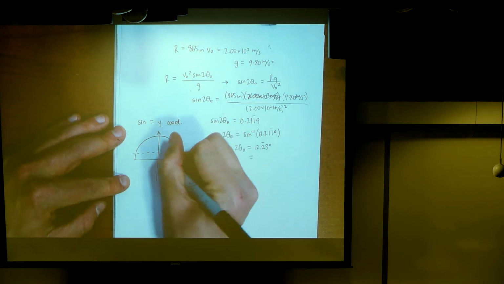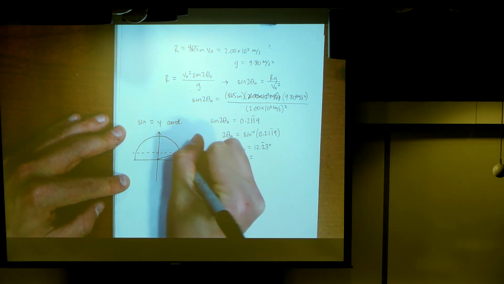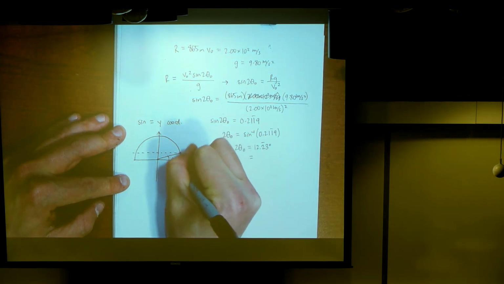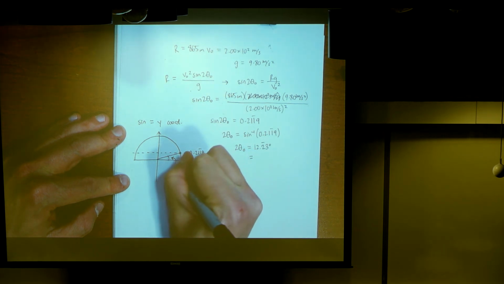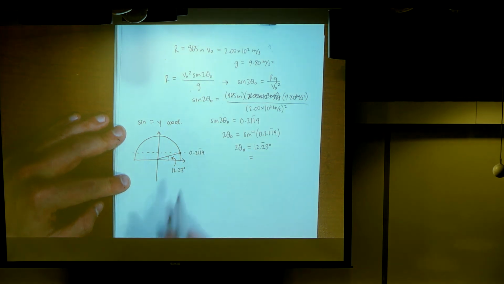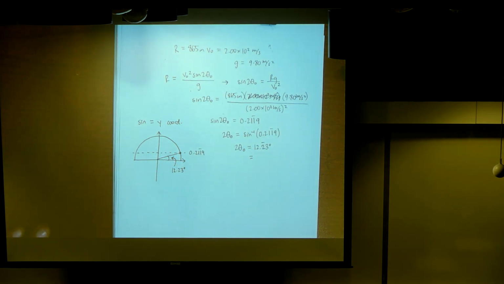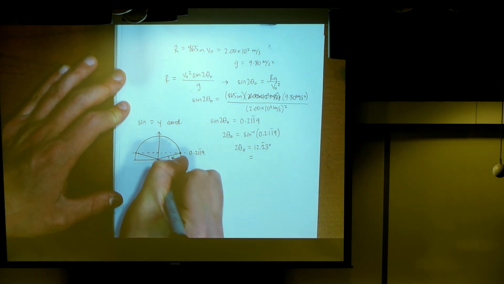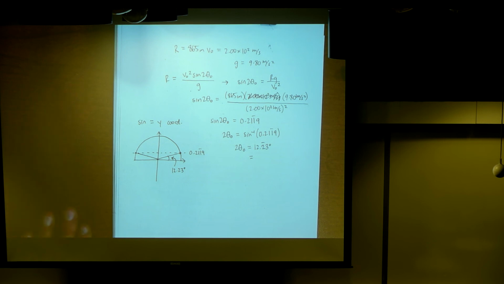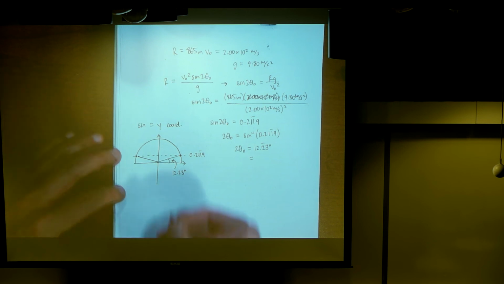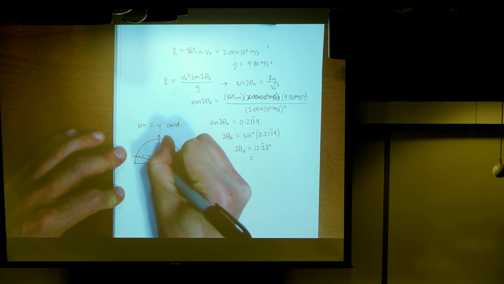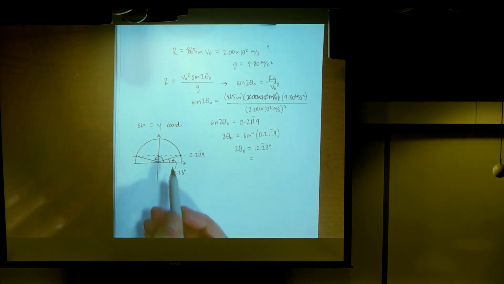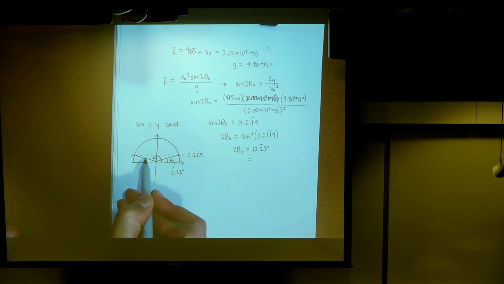And what the calculator told us is, well, if I'm at this angle, which is 12.23 degrees, that will work, right? But what the calculator didn't tell you is that if you're at this angle, it will also work. See, because we have the same y coordinate. So this angle goes from the x-axis all the way to here.